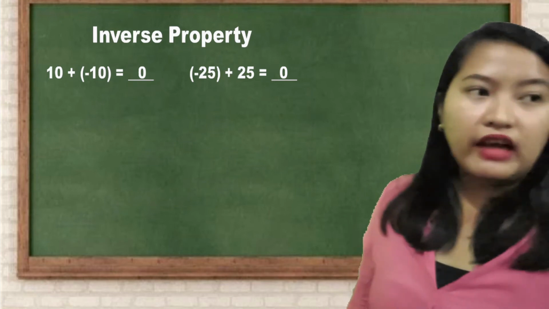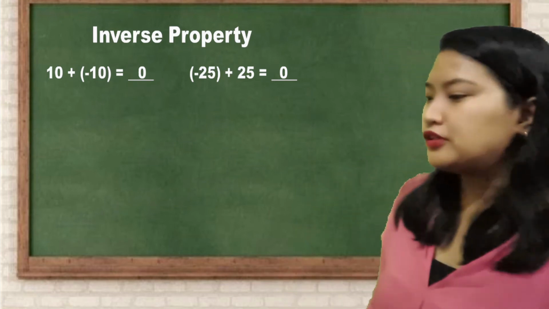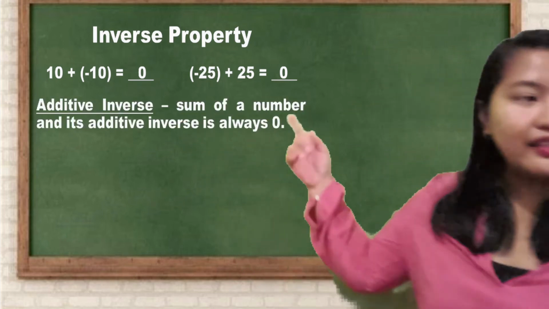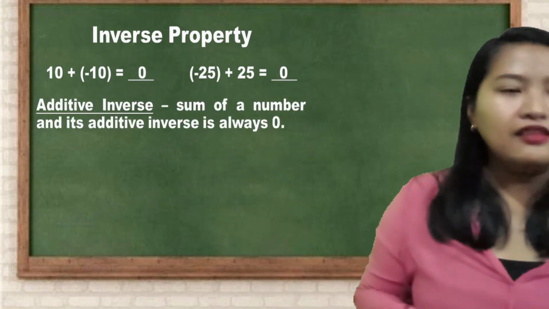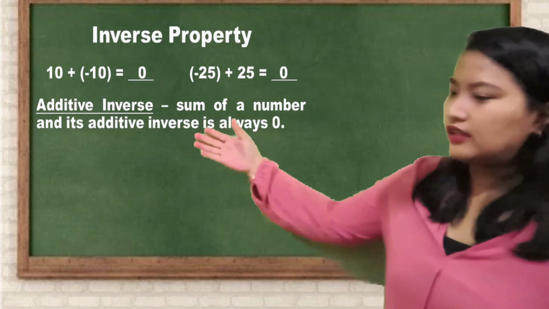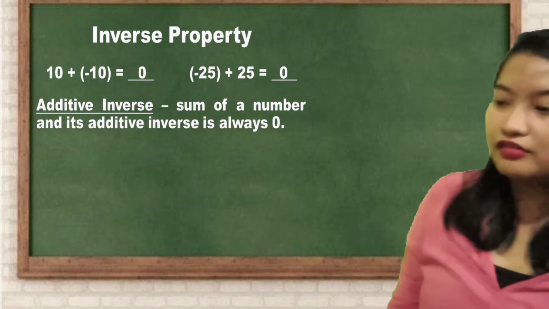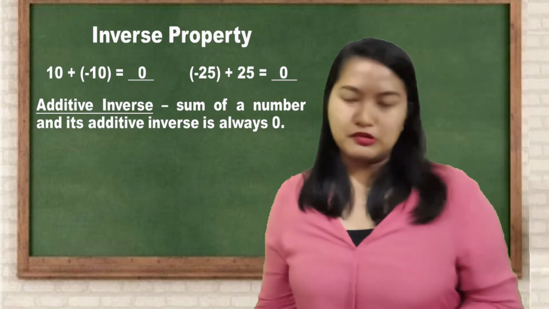Okay, that's right. You have added inverse numbers. So as you can see here, we use addition, so we call it additive inverse. Correct. Everybody read, what is additive inverse? Okay, the sum of a number and its additive inverse is always 0.